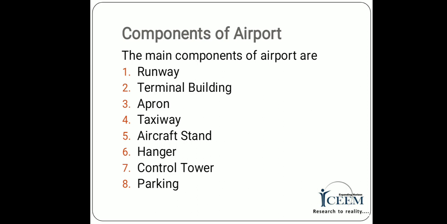It is the most important part of an airport in the form of a paved, long and narrow rectangular strip which is actually used for landing and takeoff operation of aircraft. It has grassy shoulders on both sides.